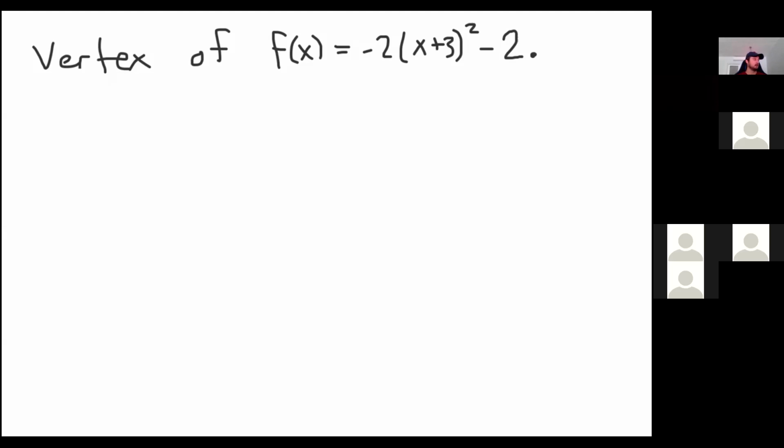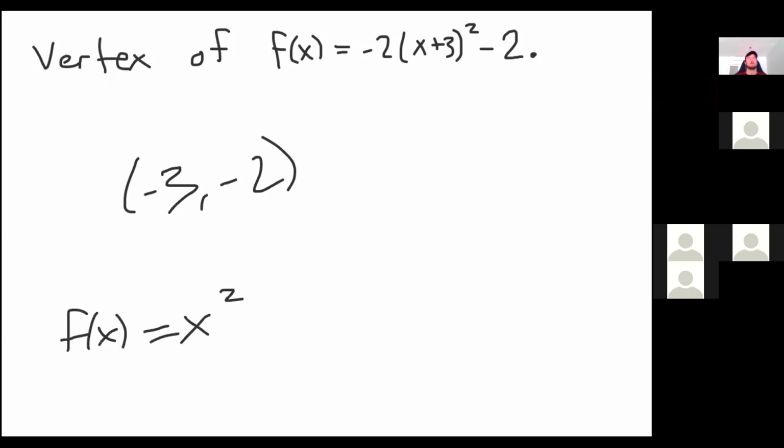Awesome. So strong majority of y'all, probably like 75, 80% got it correct. The answer is -3, -2. So the quadratic that we start with, the x squared function, has a nice little vertex at 0, 0.